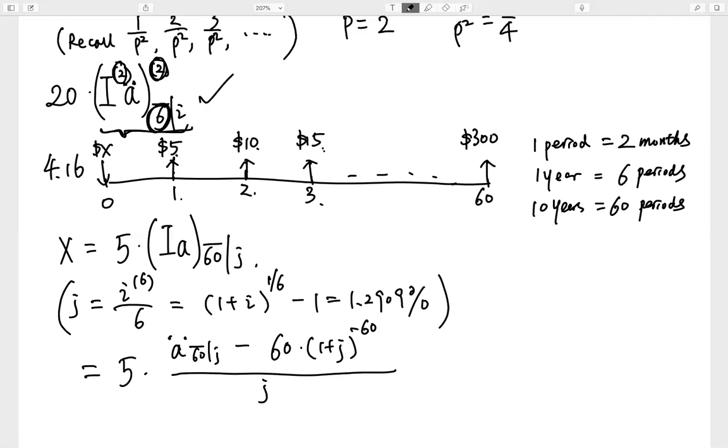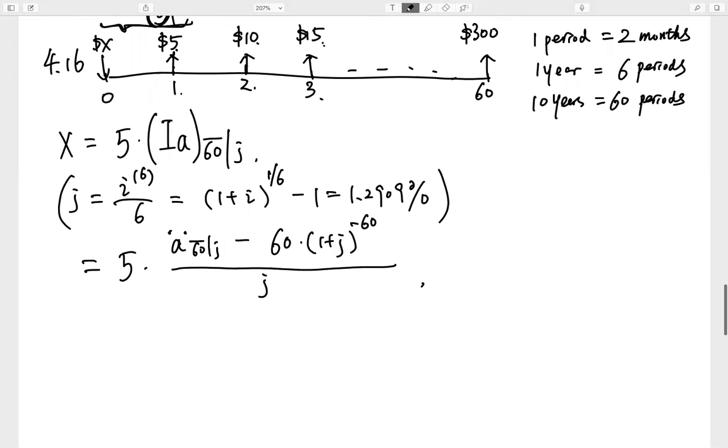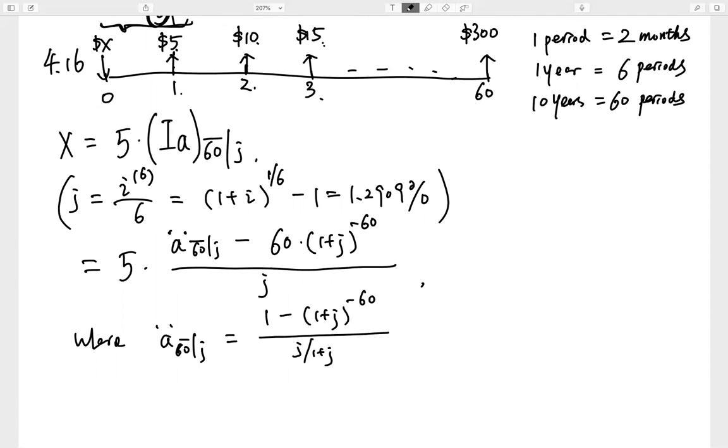So you should be able to finish from here. The only thing that remains to be calculated is this annuity due. This will be 1 minus 1 plus j to negative 30 divided by the corresponding rate of discount, right? By the way, if you calculate, this should be about 62.1207.